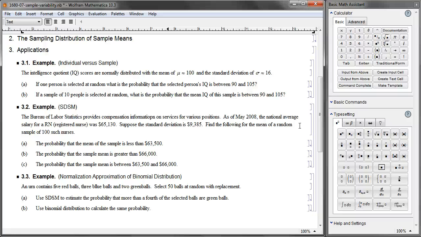Most of the time, the parameters of the population are difficult to find. The population mean is something we want to estimate because we don't know it precisely. That's why we usually do a sample study to begin with. Population standard deviation is even harder to estimate.